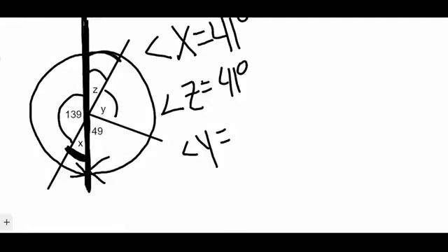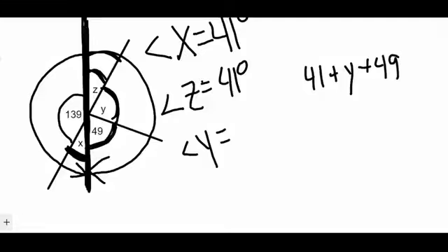So I have three separate angles inside this straight angle, and all three have to add up to 180 degrees. That means angle Z, which is 41 degrees, plus angle Y, which we don't know yet, plus that 49 they already gave us, has to equal 180 degrees.